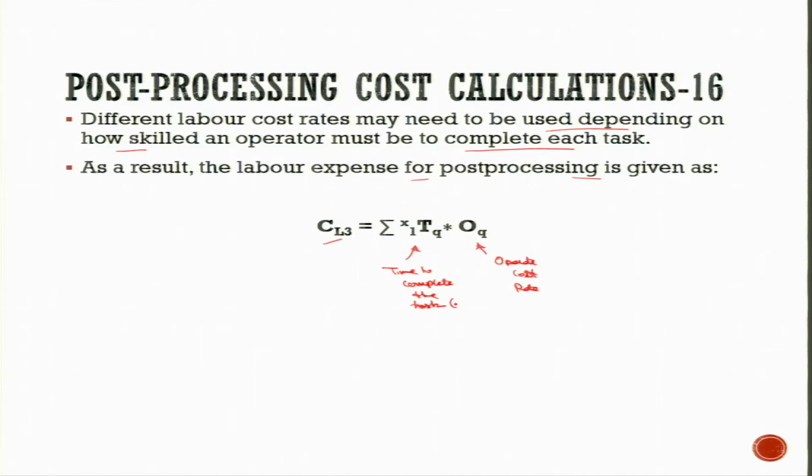The time taken would be in hours, and the operator cost rate would be in rupees per hour. For each operator, the time keeps on adding and we try to get the total cost of the labor.